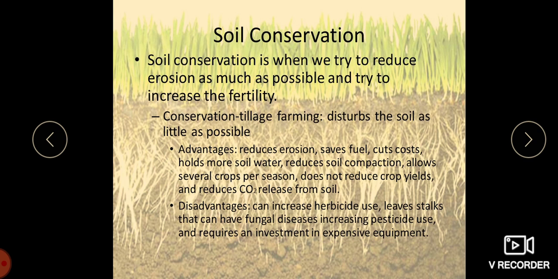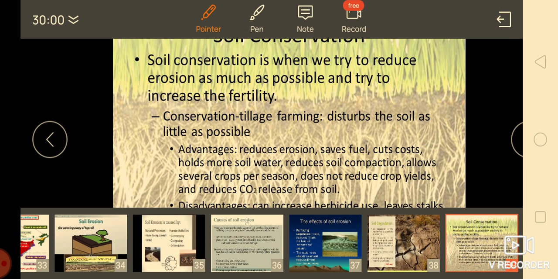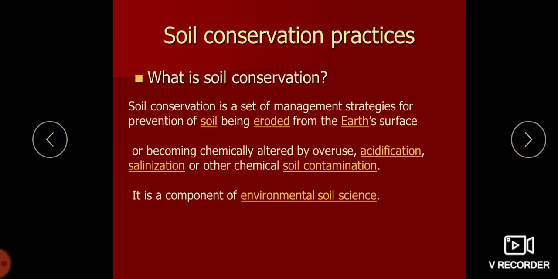So what are the disadvantages? When we have advantages, we also have disadvantages. It can increase herbicide use, leaf stalks can have fungal diseases, it increases pesticide use and requires investment in expensive equipment.